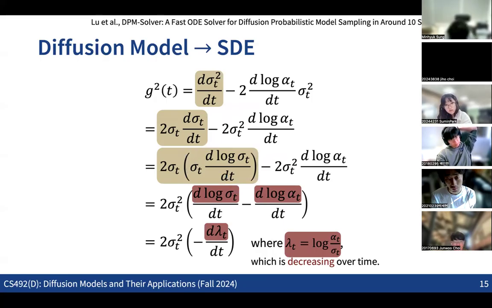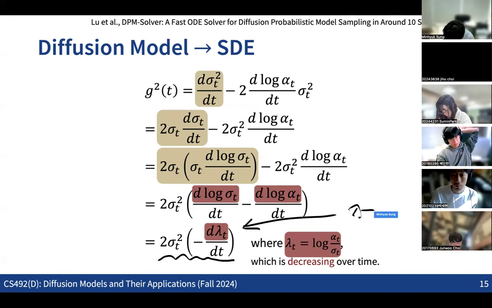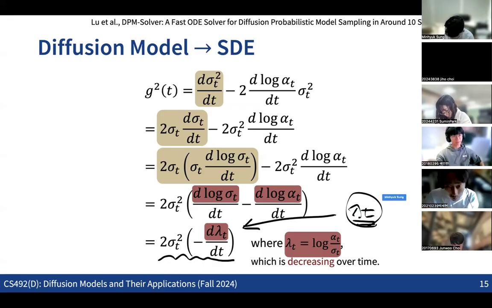So the whole purpose of this rewriting is that now we can combine these two terms, because both of them have the same log term. We have a more simplified version here with lambda_t. So keep this in mind, we're going to use this lambda_t in the rest of the slides.